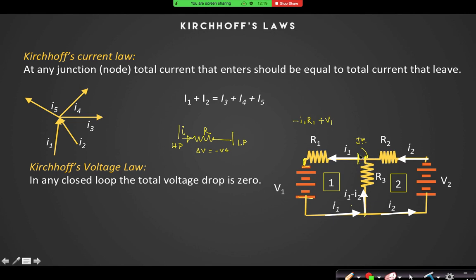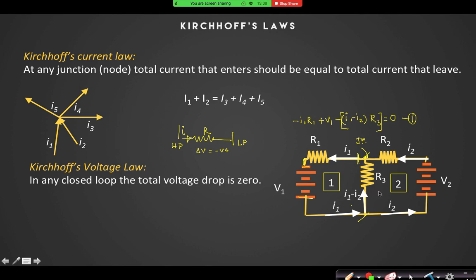Will that be a drop or increase? If I am going along R3 along this line, a drop. So that is minus of I1 minus I2 into R3. And the entire net potential drop in this circuit will be 0. So that is one loop equation. And similarly, you will write another loop equation, and you will find two equations where the unknowns are also 2, I1 and I2, and you can solve them to find your answer.